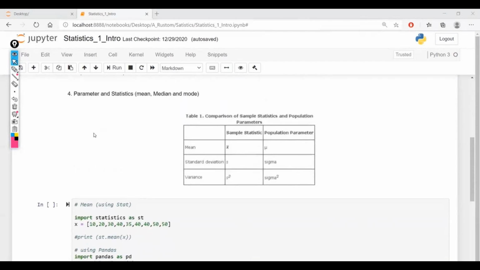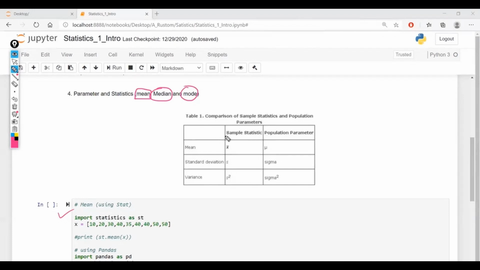So now let's understand some of the parameters here: a mean, a median, and mode. We'll understand them one by one in a few minutes. If I talk about parameters, how to represent the mean, median, or standard deviation, let's understand.